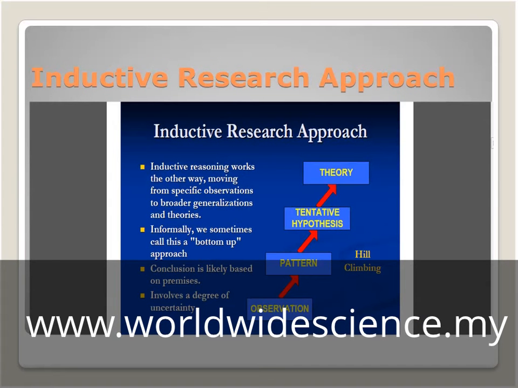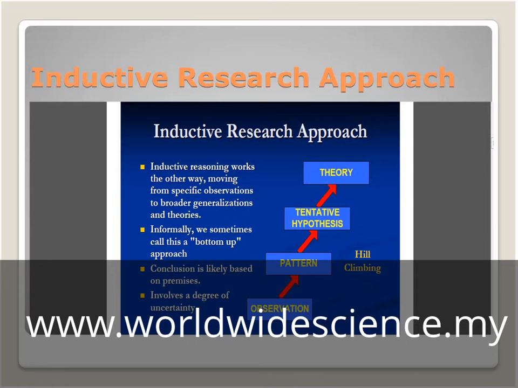But in contrast, if first you have observation, then you have a pattern, and then you have a tentative hypothesis and come to the theory, it means that your research approach is inductive. Meaning that in the inductive approach, you have some specific observation, and then from this specific you come along to the general thing, the theory.